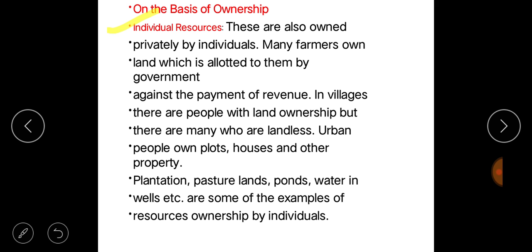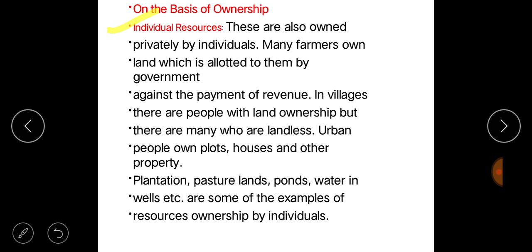Many farmers own land which is allotted to them by the government, against the payment of revenue. They give revenues to the government, and the government allots them the land. In villages, many people own land, but there are many who are landless.